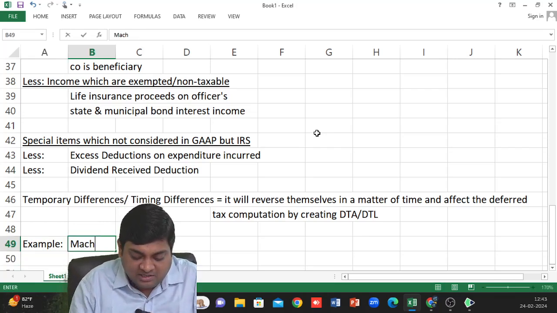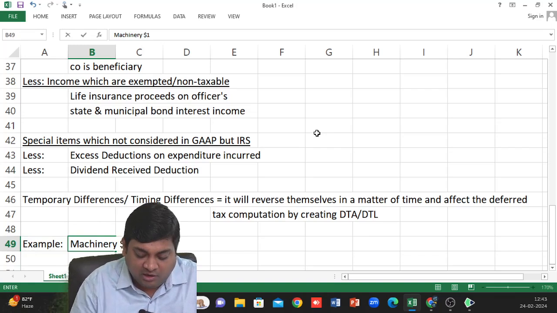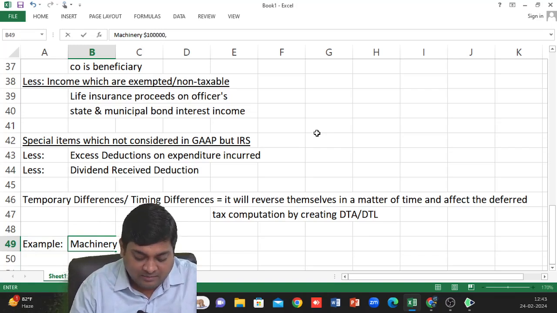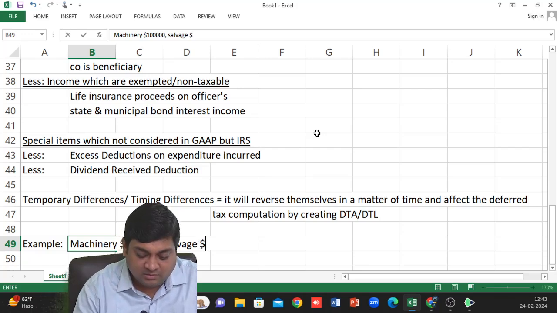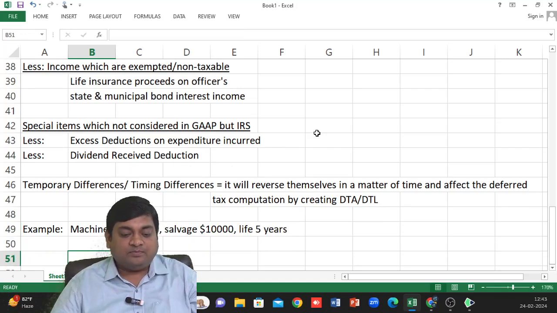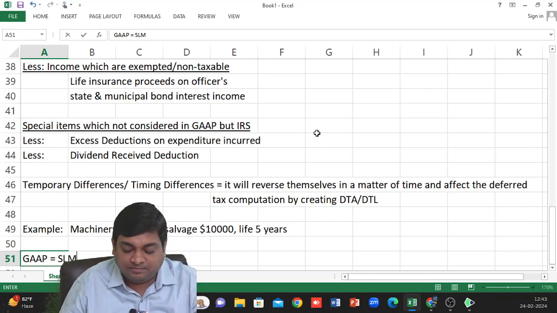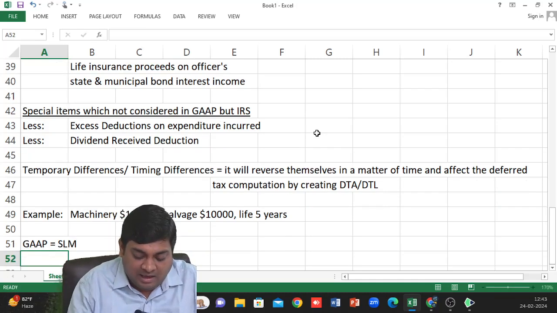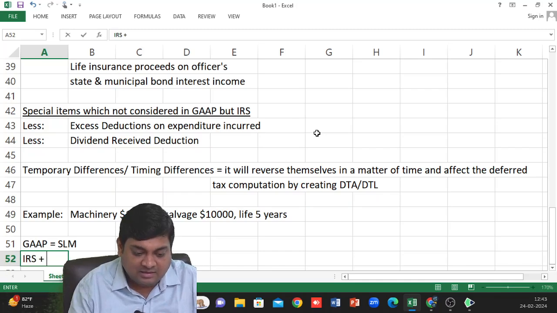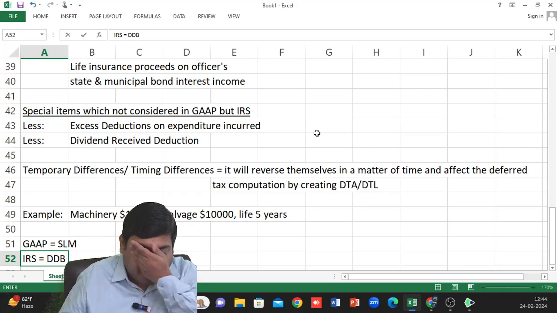Suppose I have purchased one machinery for $1 lakh, salvage $10,000, life 5 years. As far as GAAP, we are following SLM, and for IRS we are following DDB.